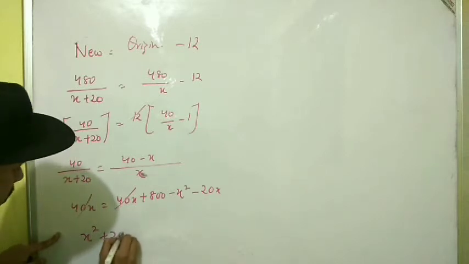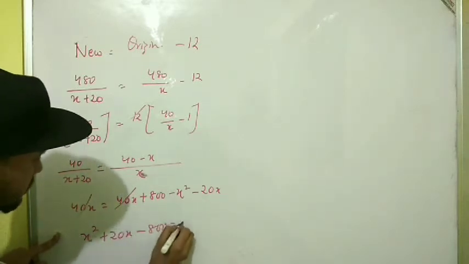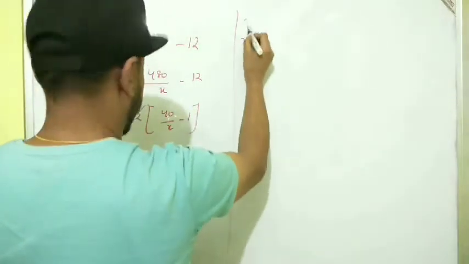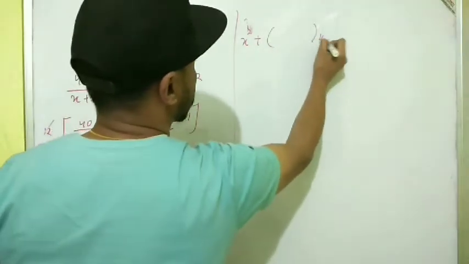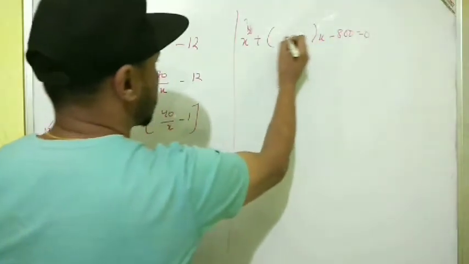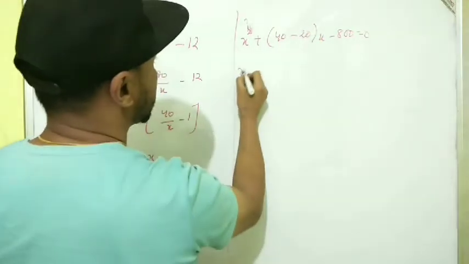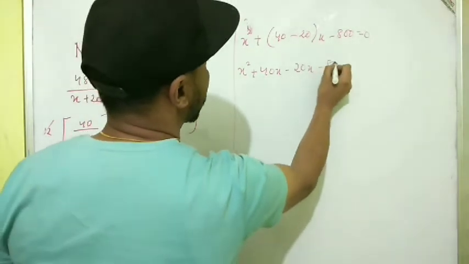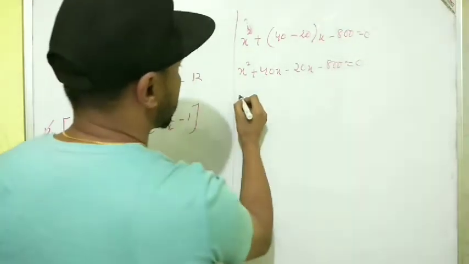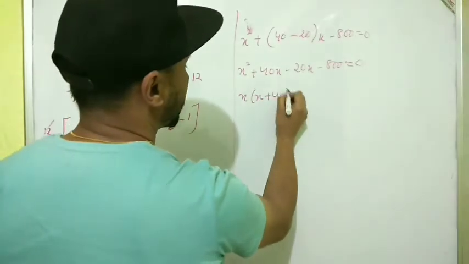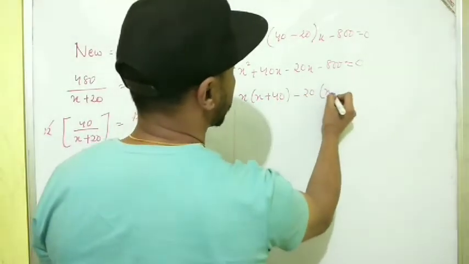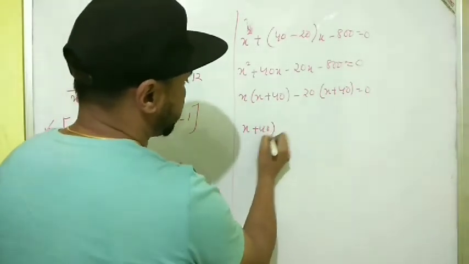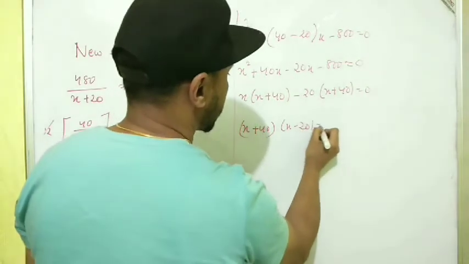Let's take all the terms to this side. x square plus 20x minus 800 is equal to 0. If we break the middle term, 40 minus 20, so x square plus 40x minus 20x minus 800 is equal to 0. x is common, so x plus 40, remember we are finding the value of x, x plus 40 and x minus 20 is equal to 0.